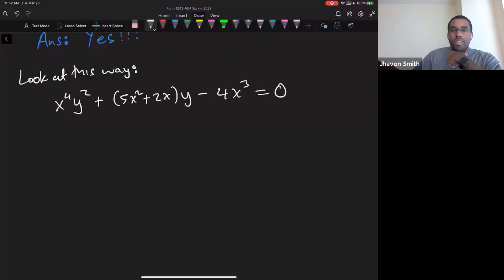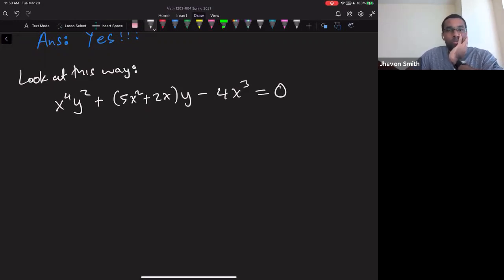What kind of expression is that? Right, look at where the y's show up and how they show up. What could you describe this equation as if your y's are the focus?